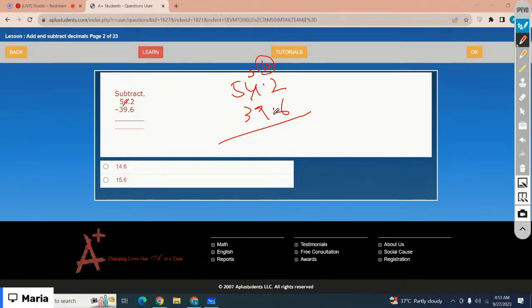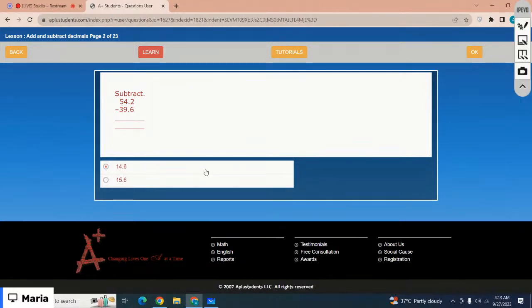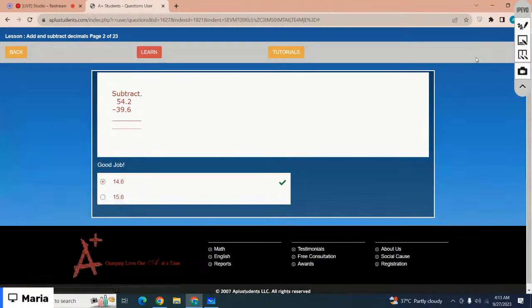You cannot subtract 9 from 3, so you have to borrow 1 again. 13 minus 9 is 4, and 4 minus 3 is 1, so that would be 14.6. The correct option is 14.6, right?